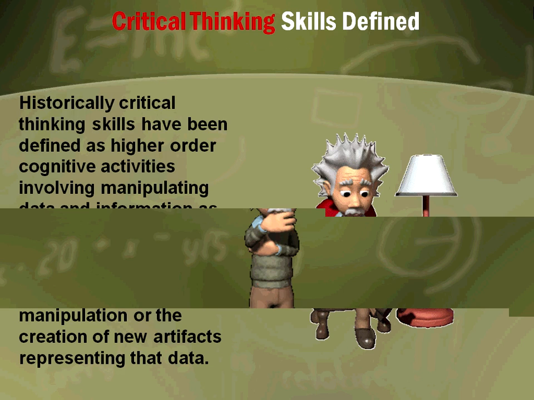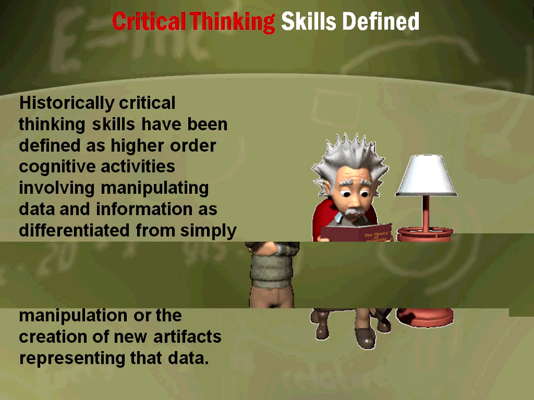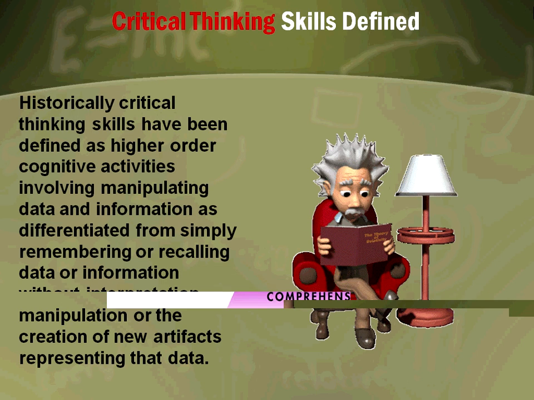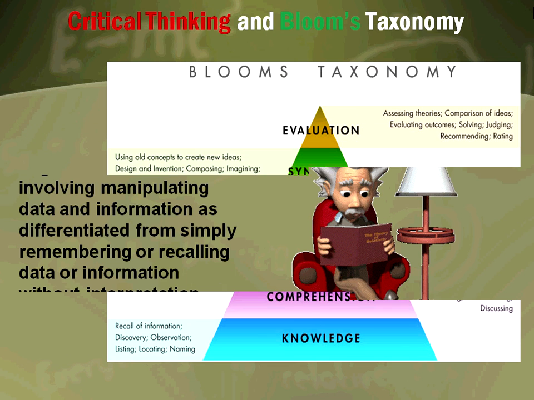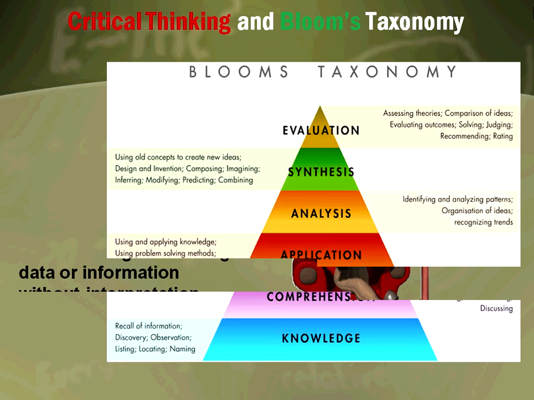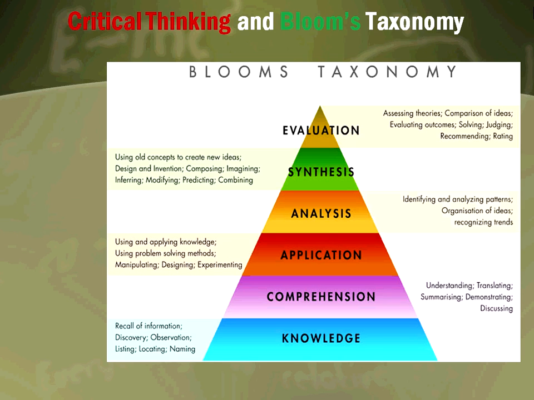Going back to Bloom's taxonomy, I see the screen is taking a little while to paint. Traditionally, we have been very good at providing the lower order skills, the knowledge, comprehension, and to an extent application. We've shown folks how to locate, name, remember, memorize.